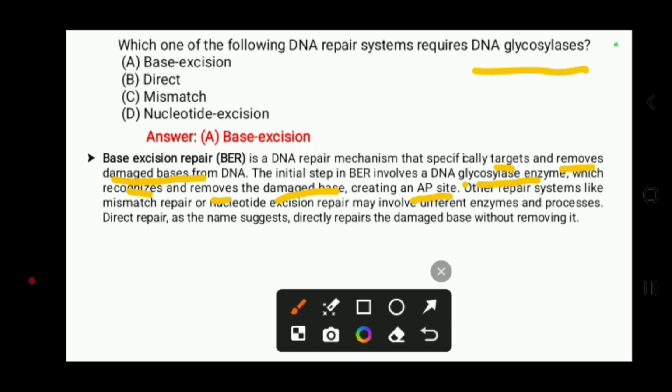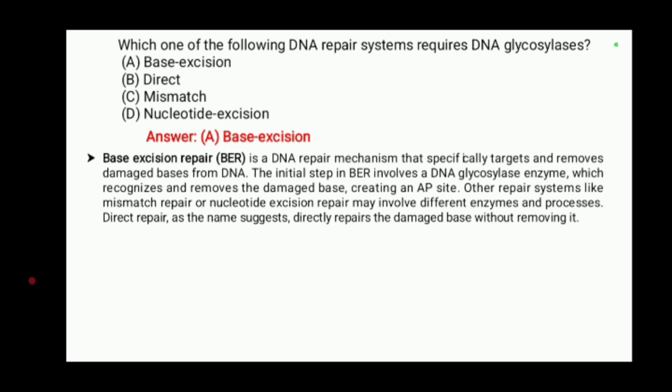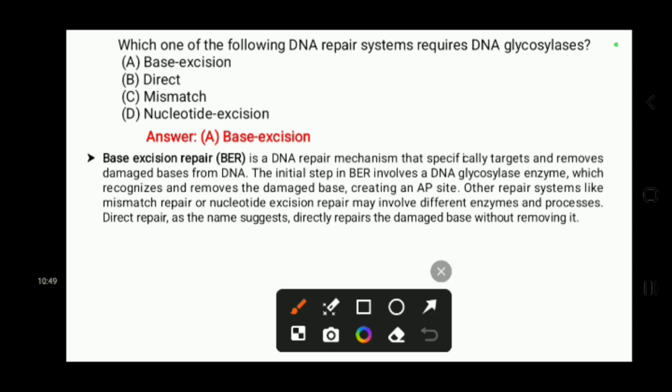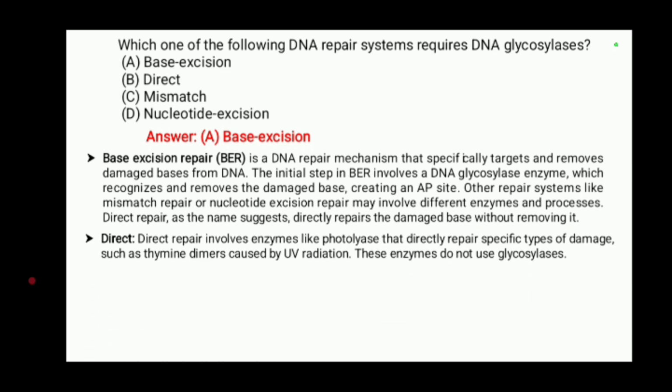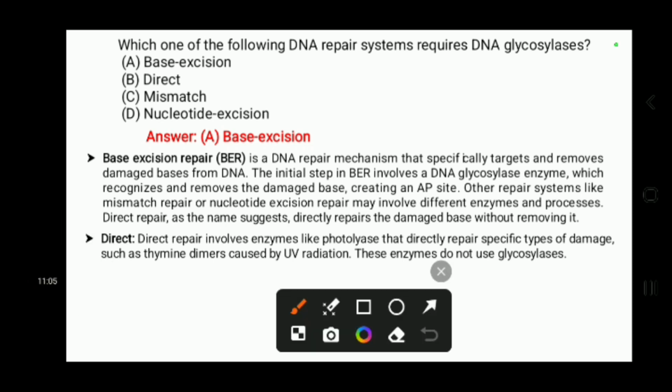Whereas other repair systems like mismatch repair or nucleotide excision repair may involve different enzymes and processes. Direct repair, as the name suggests, directly repairs the damaged base without removing it. It involves enzymes like DNA photolyase that directly repair specific types of damage such as thymine dimers caused by UV radiation.